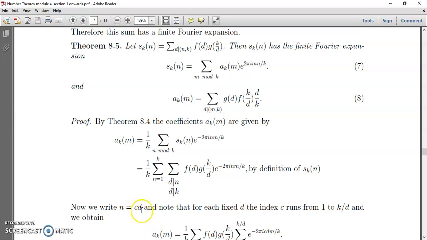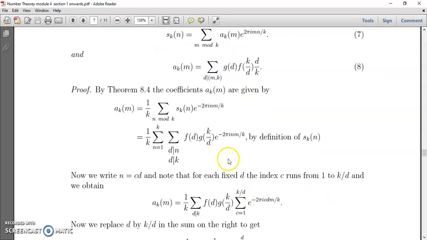When we put n equal to cd, then c will become n/d. Clearly for each fixed d, the index c runs from 1 to k/d, where n varies up to k only. So that is why c runs from 1 to k/d.